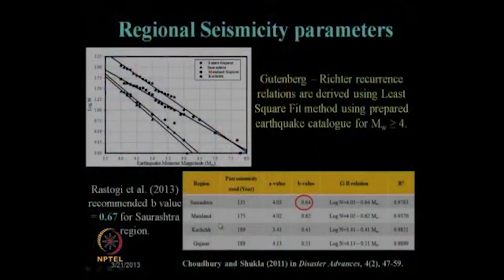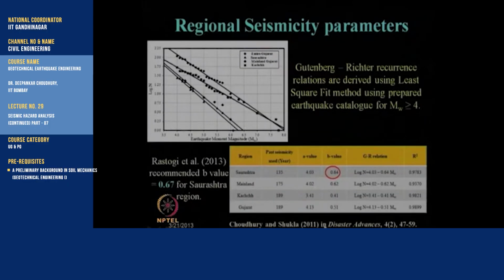Now, let us look here and highlight this value. If somebody wants to compare or validate this value with other researchers' results, our publication came in the year 2011, as I have already shown.